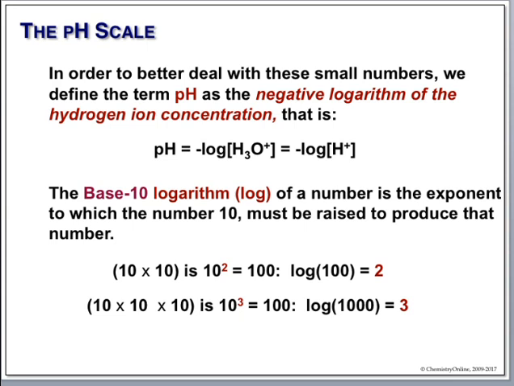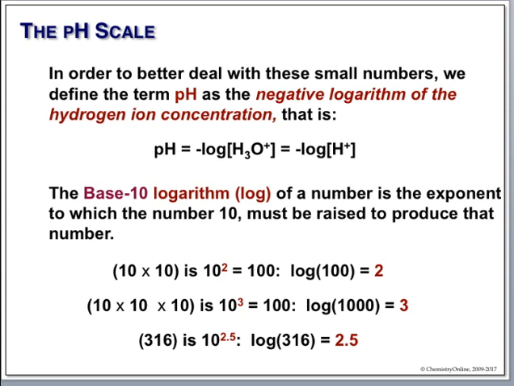Now, it doesn't have to be an even number or integer. If we say 10 to the 2.5, that's difficult to conceive without log tables or a calculator. But if you type in 10 to the 2.5 on your calculator, you'll see it's 316.